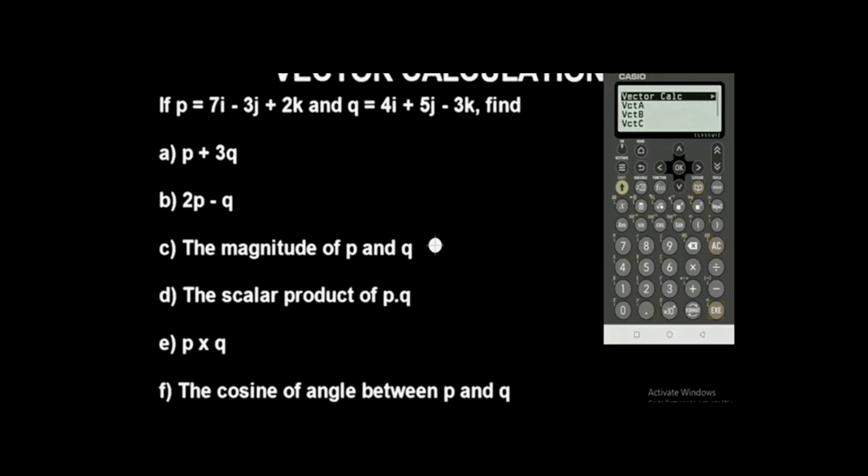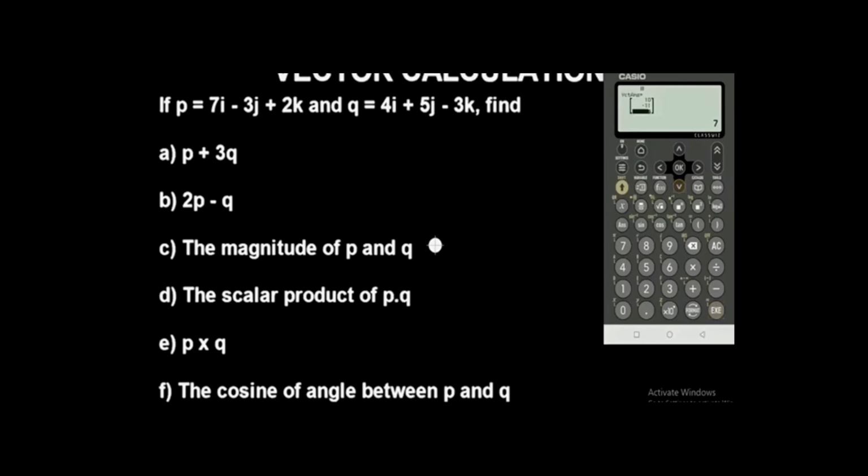This time around we have vector p, that's vector a here, but we have 2 vector p, alright, minus vector q, which is a vector b here. So vector option, vector b, yeah. So that's it. Let's press equal to see the output.